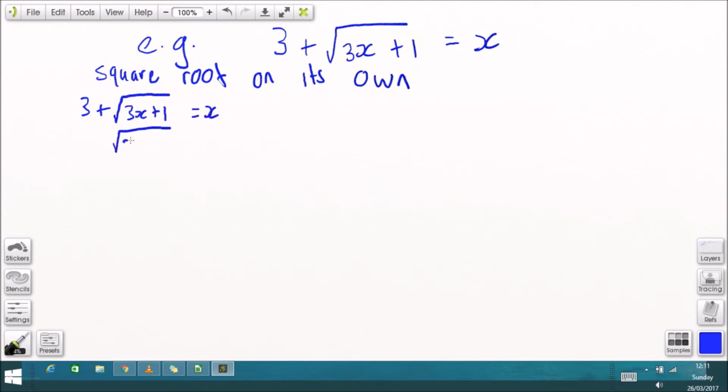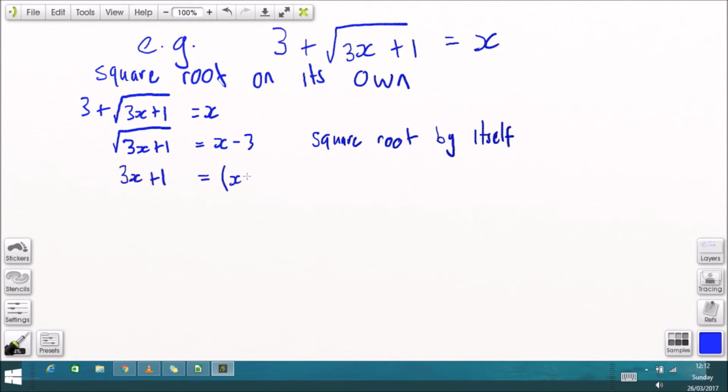Right, so first of all, I'll get the square root all by itself. So I'll move the 3 over to the other side. Now I have got the square root on its own. The next thing I can do is square both sides as we did in the previous example. Alright, so I've squared both sides.